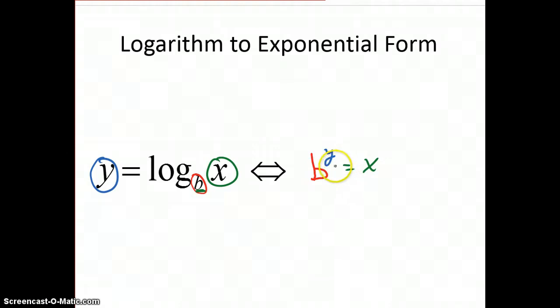So what we're going to do is we're going to be able to cycle between these two, and this is going to be huge. This slide is going to be one of your most important slides that you're going to have to use, because what it's going to allow us to do is toggle between these two different forms and manipulate functions and equations using it in order to solve.